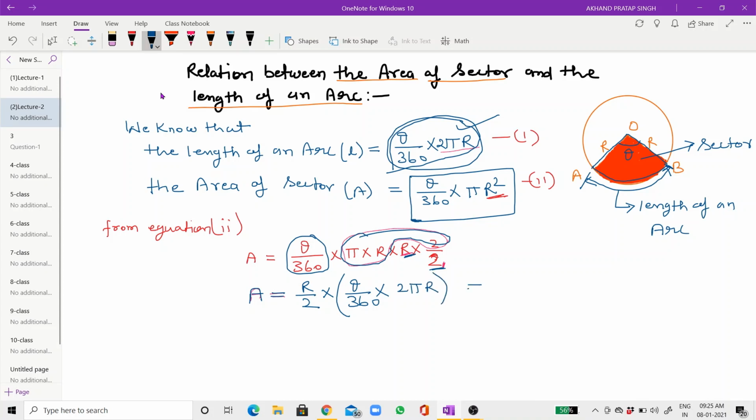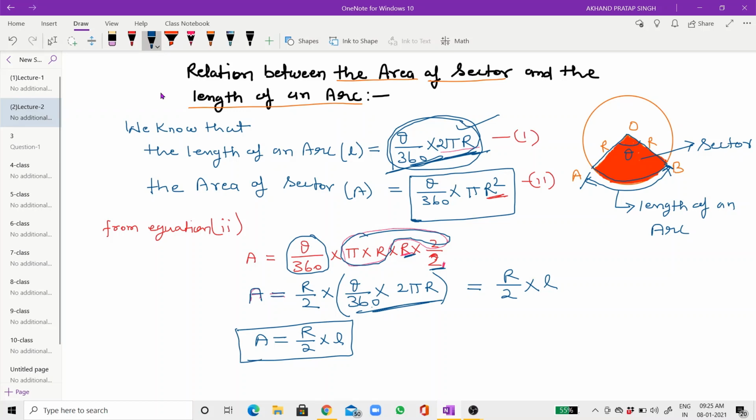So we can write here r by 2 into this whole expression, which is nothing but the length of an arc. So we got A is equal to r by 2 into L. So this is a relation between area of sector and the length of an arc.